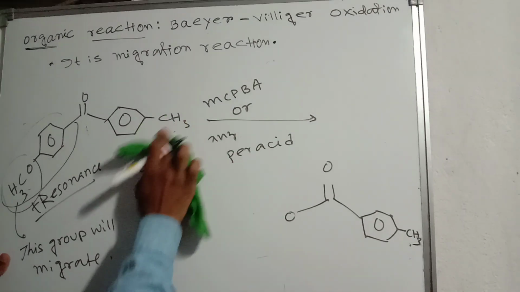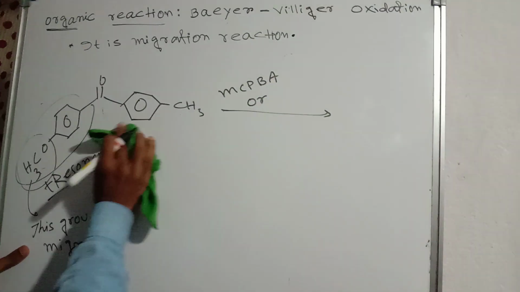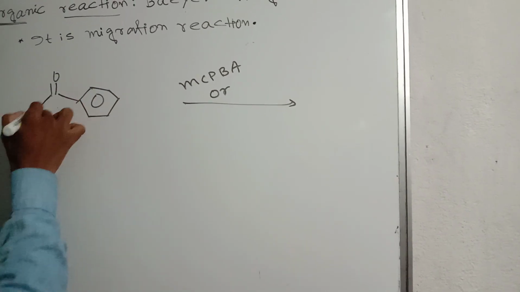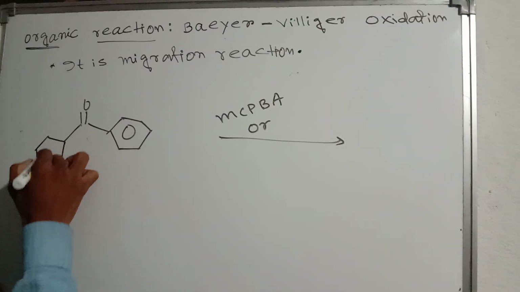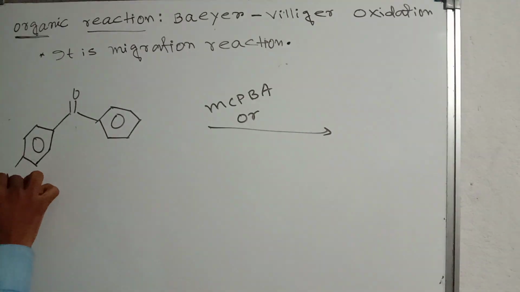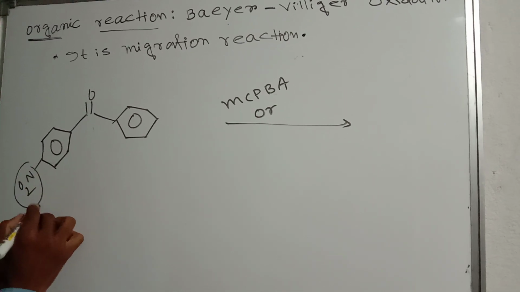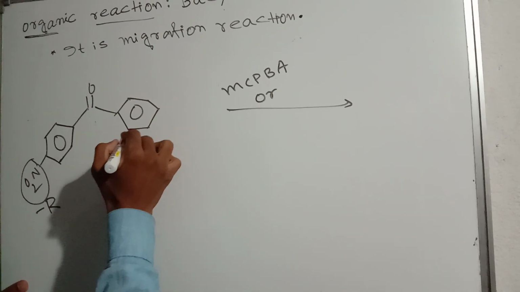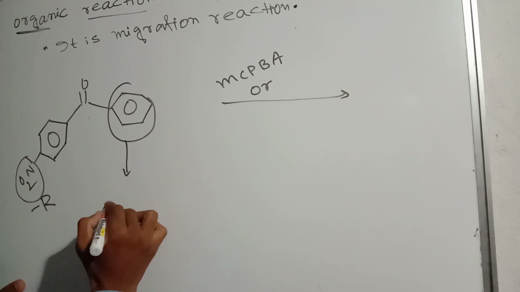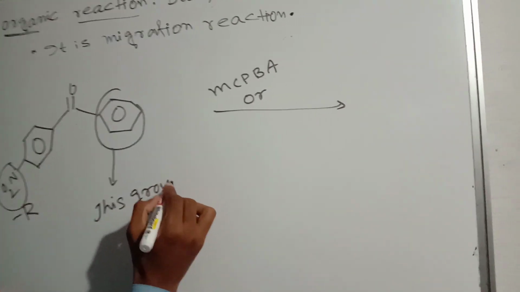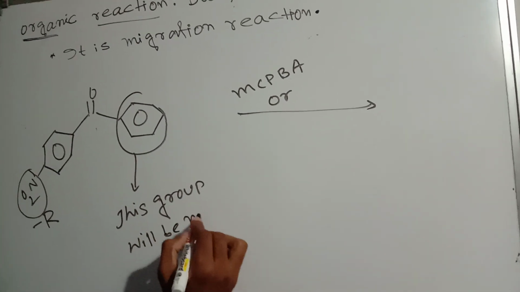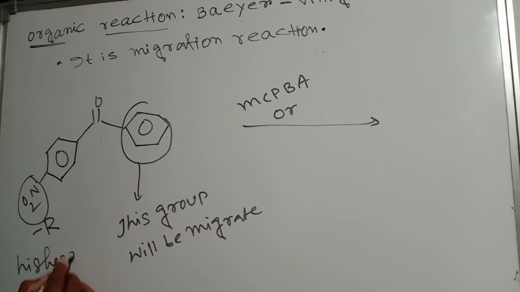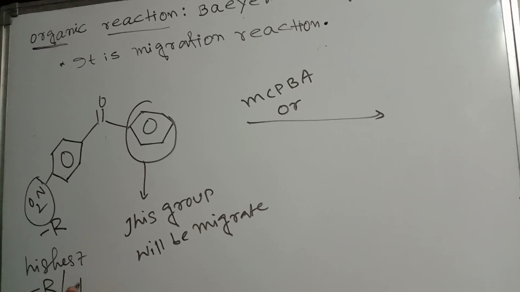Now take another example. If we take this, since the NO2 group has a minus R effect, it reduces the electron density of the benzene ring, and hence the other phenyl has higher electron density, and this phenyl group will migrate, because the NO2 group has the highest minus R effect, meaning minus resonance effect.